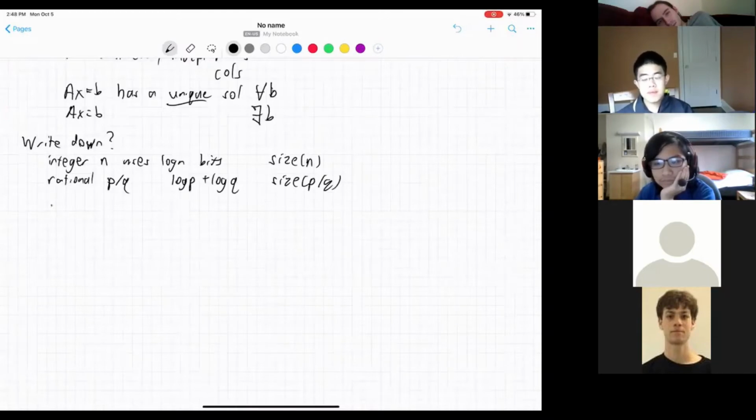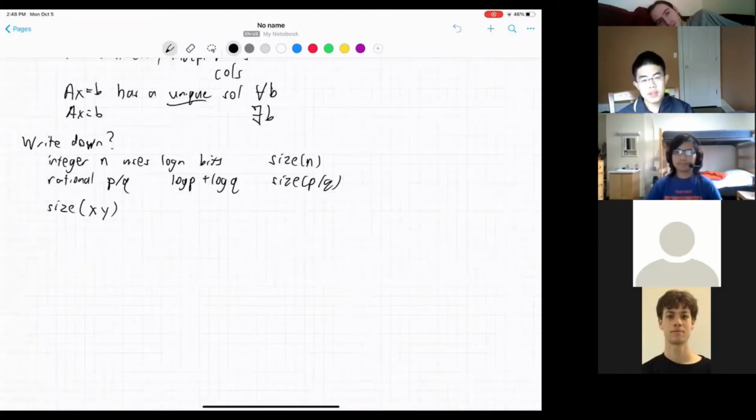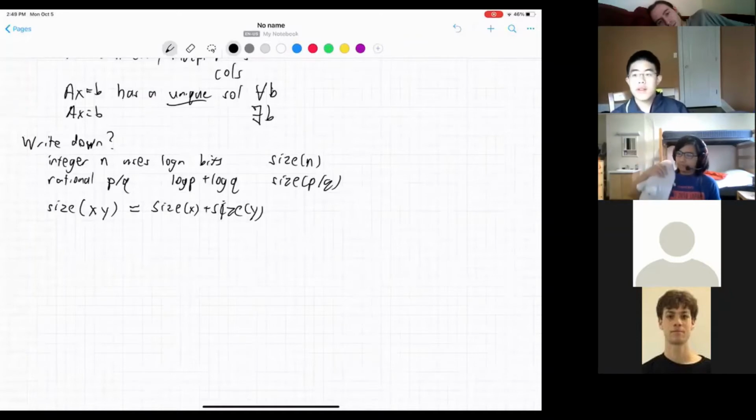So what can we say generally about the size in bits of a product? How can we express that in terms of the sizes of the individual numbers? Just a sum. Yes, right? The number of bits is basically the log of the number.